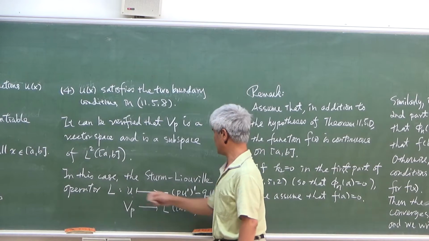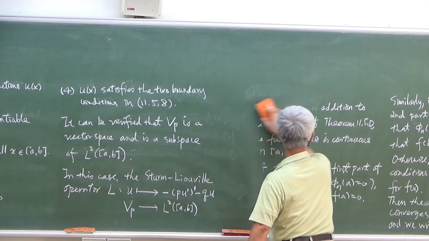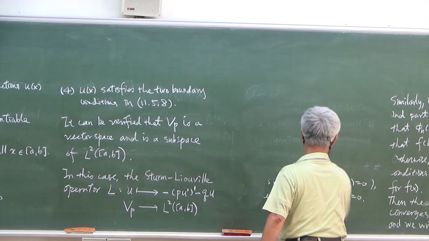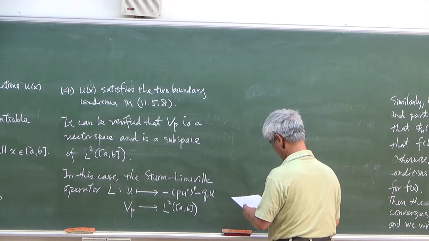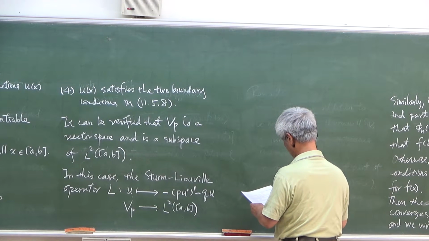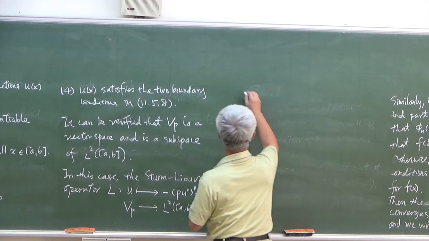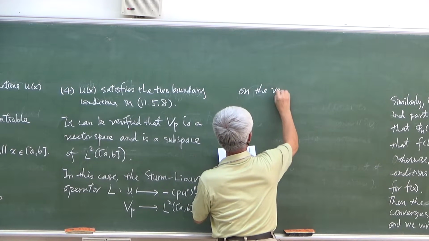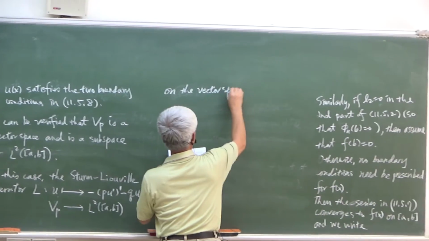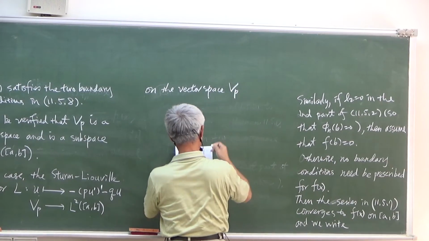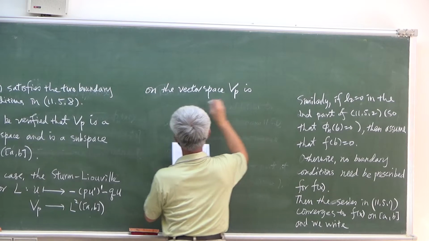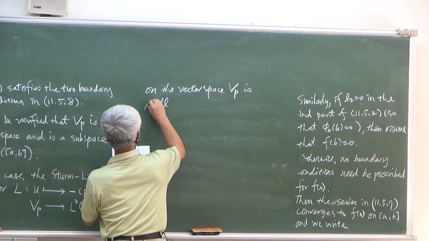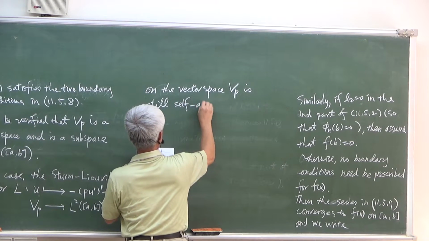So this operator, a linear operator on the vector space V_P, is still self-adjoint.